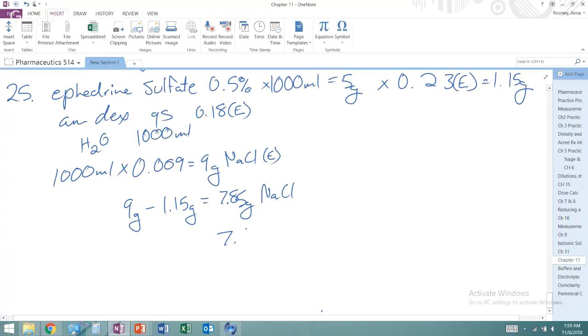So we take 7.85 grams and we divide it by 0.18 E, and we find that we need 43.61 grams, and this is a repeating one, of dextrose.